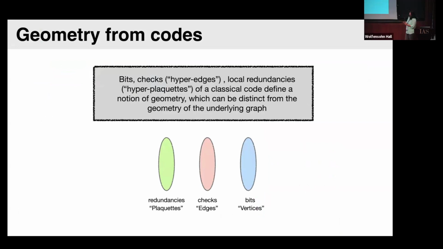So this geometry of a code, once you have a collection of bits, checks, and redundancies, this defines a kind of geometry for you, because you should think of your checks sort of as edges, and your redundancies sort of as plaquettes. So there's a geometry that's defined from the code, but in general, this can be distinct from some underlying lattice on which the code lives in the first place.